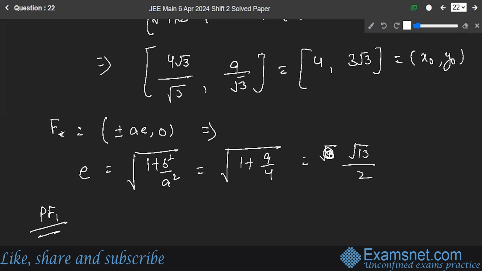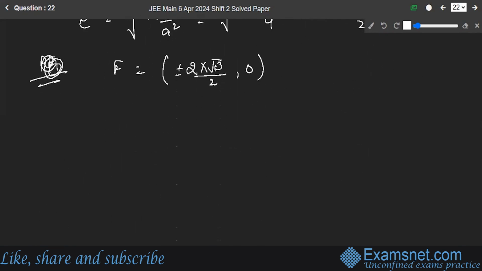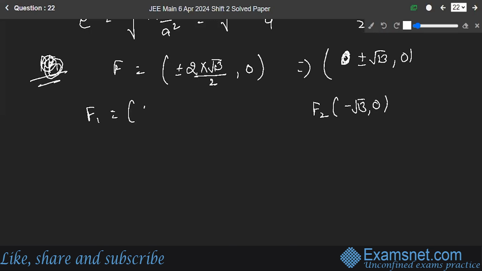Okay. So what is PF1? That is the distance of the first. This is the plus minus, right? Let's find out focus. So focus is equal to plus minus 2 into this root of 13 upon 2, and this is equal to this. So the first focus and the second focus is this and this.